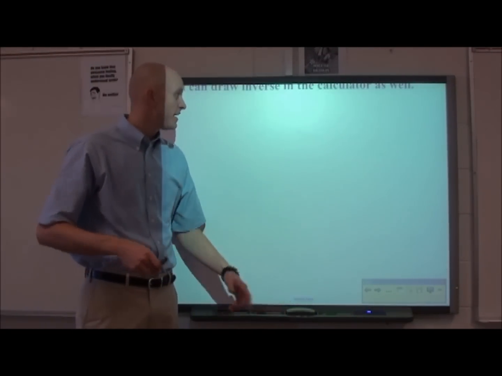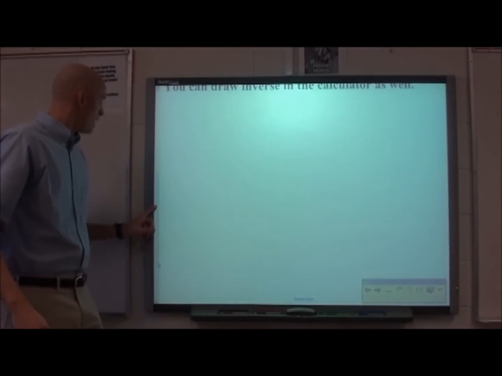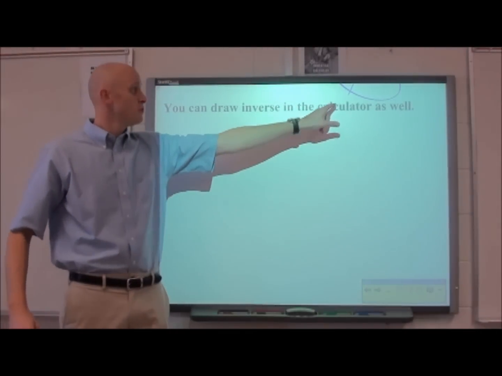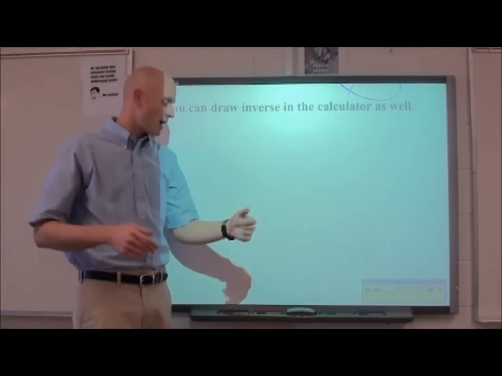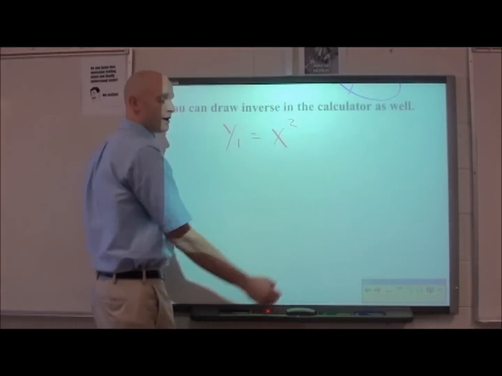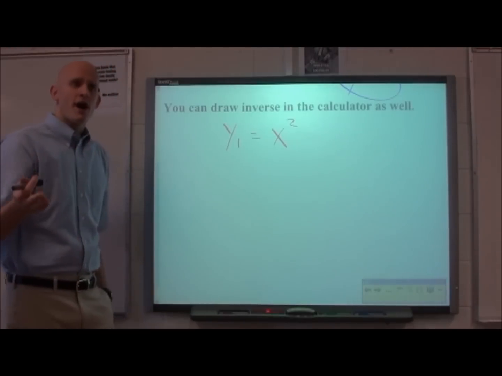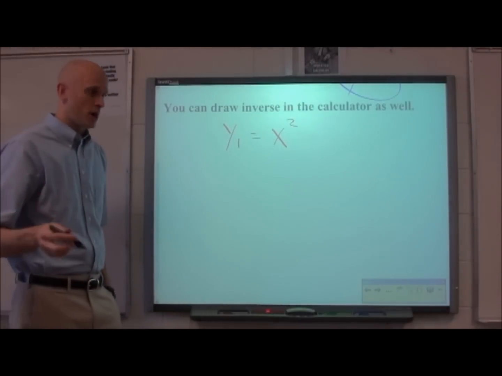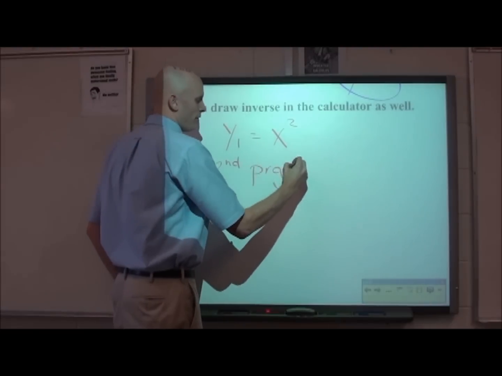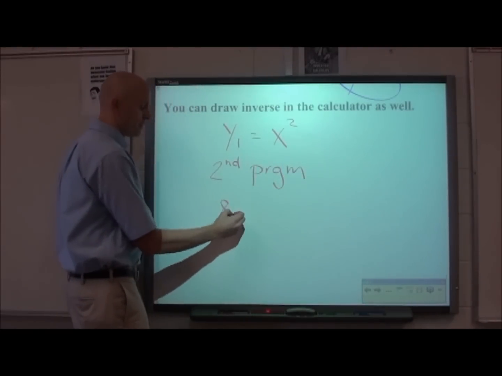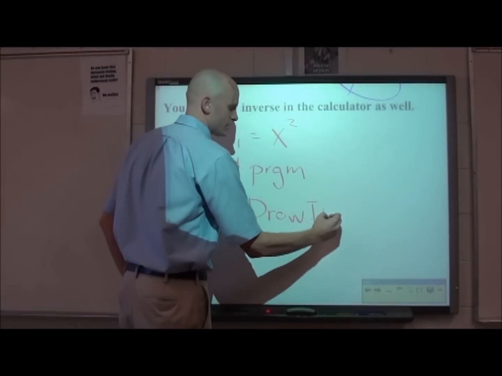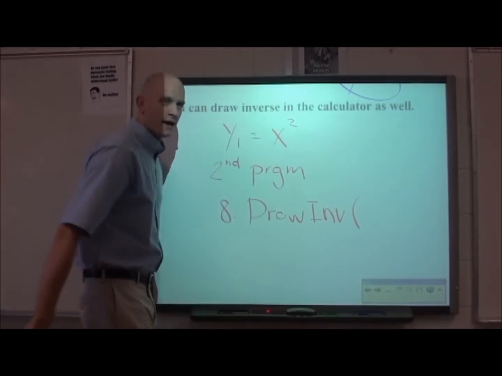Alright, last but definitely not least, you can draw the inverse in a calculator. If you enter your function into y equals, so let's say y1 is x squared, you can go to the graph and then hit the draw button. So you're going to hit second program, and then if you go down to number 8, it says DrawInv.